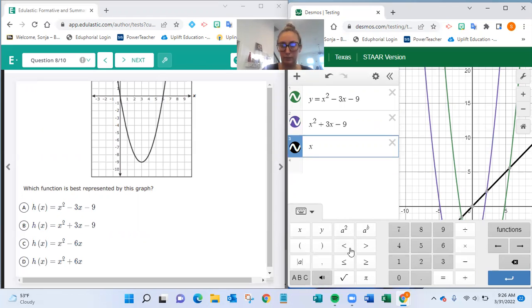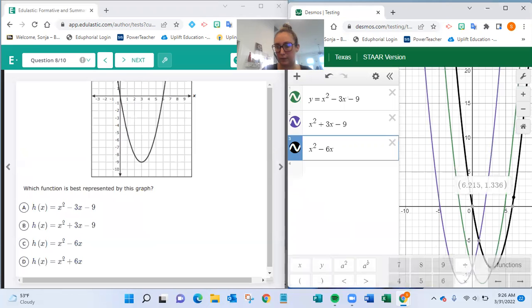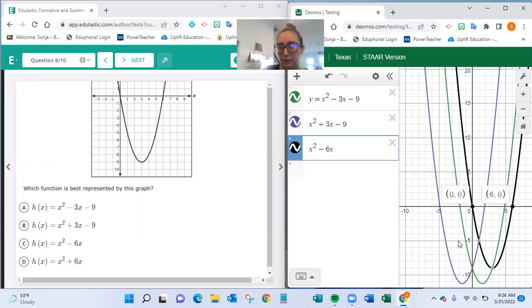X squared minus 6x. Okay, this one looks like it's probably our match. It has my intercepts at 0, 0, and 6, 0. And then it looks like the vertex is in the right spot as well at 3, -9. So C would be my correct answer.